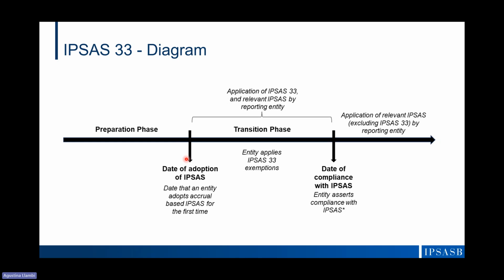There was lack of clarity, or when entities read IPSAS 33, they thought it applied for a longer period, right? For all of this period, as opposed to just simply the middle.